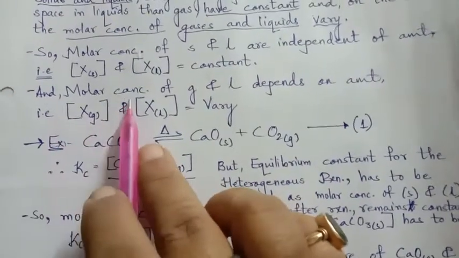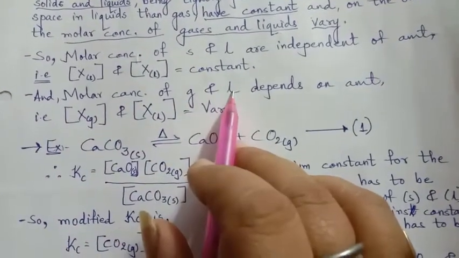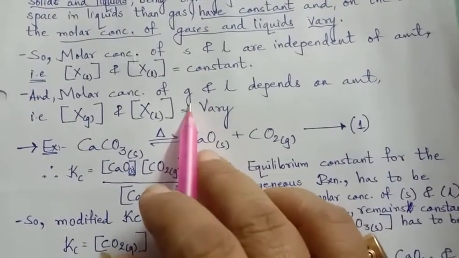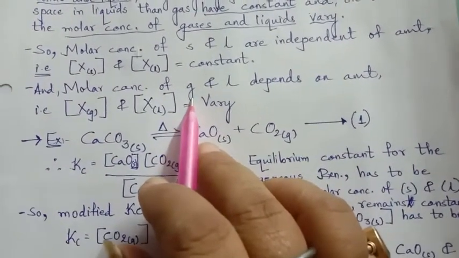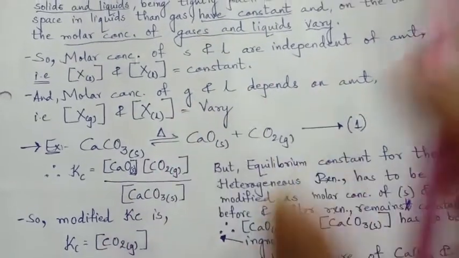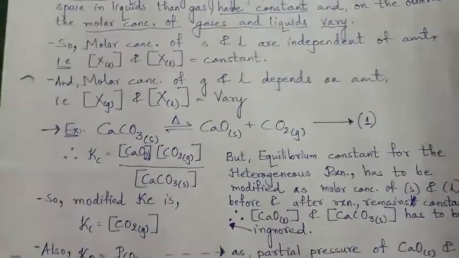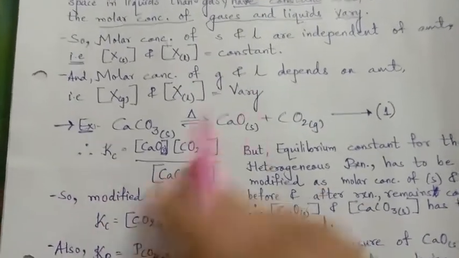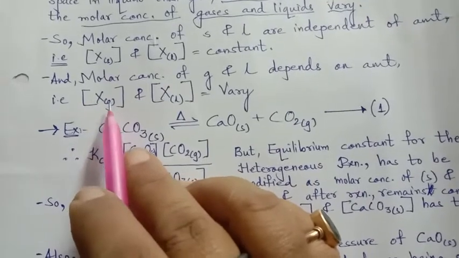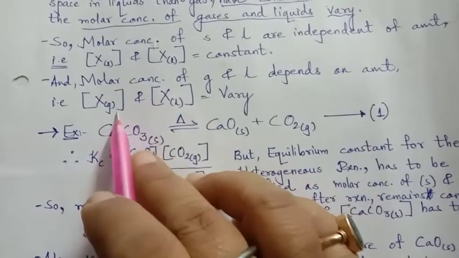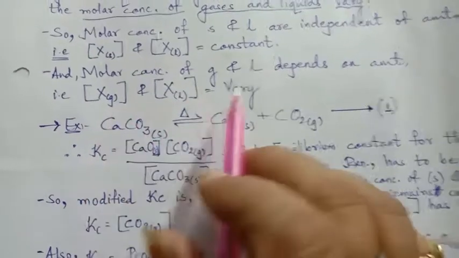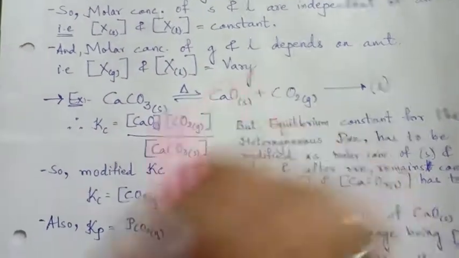And the molar concentration of a gas depends on the amount, because gas has a very large intermolecular space and the molecules can randomly move from one place to another. So when they are reacting, because of the gas as one of the reactants, the concentration will vary.